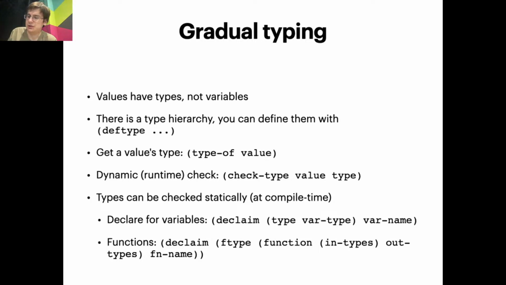Basically, compile-time typing is optional, but the types are also always checked dynamically at runtime. This way the errors are still checked, but it's of course less efficient than checking them at compile time. So if you want to optimize your code, you would specify types this way.